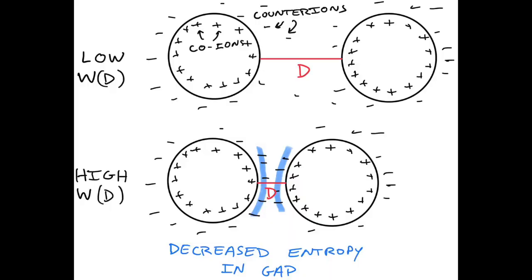So the electric double layer force is due to when you put particles that are charged in water, or particles that become charged in water. Say they have an acid or base group on the surface that take on a negative or positive charge, you get a diffuse layer of counter ions around each of the particles.